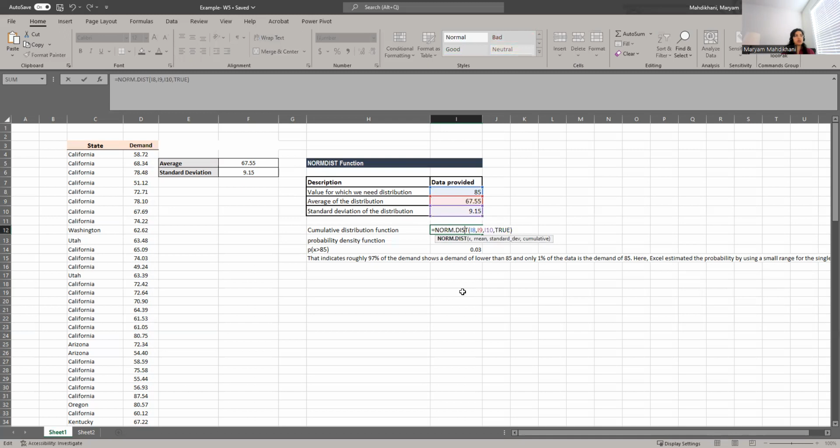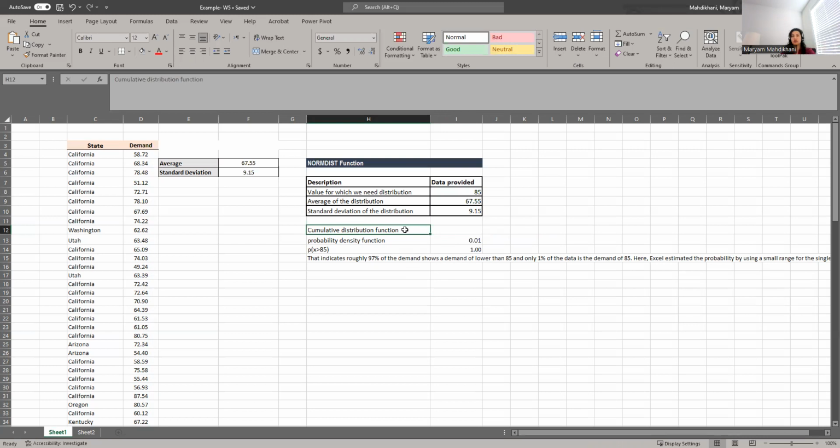In order to calculate that, I can easily ask what percent of the data are less than 85. I can type NORM.DIST. Let me delete this so it helps you understand it better. The cumulative distribution function tells me the probability that any other value, any other x in the data set that I choose, is less than 85.